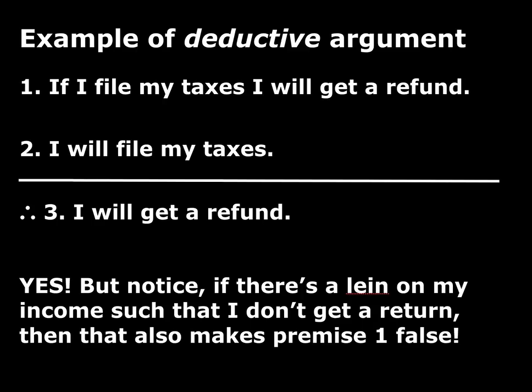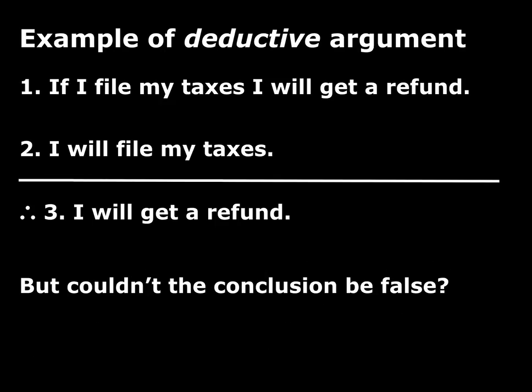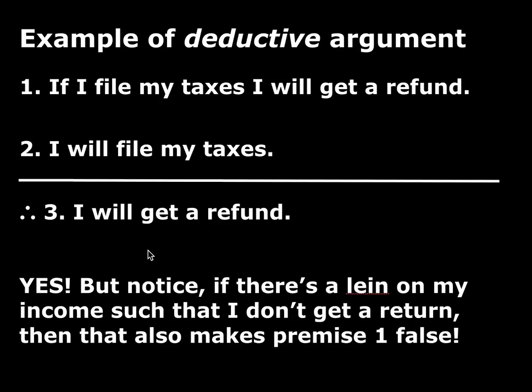Okay, so if we go back here to the definition of validity, it is, if the premises were true, the conclusion would have to be true. Or if the conclusion were false, at least one of the premises would have to be false. This argument passes that test. Yeah, you can make the conclusion false, but only if you also make one of the premises false.